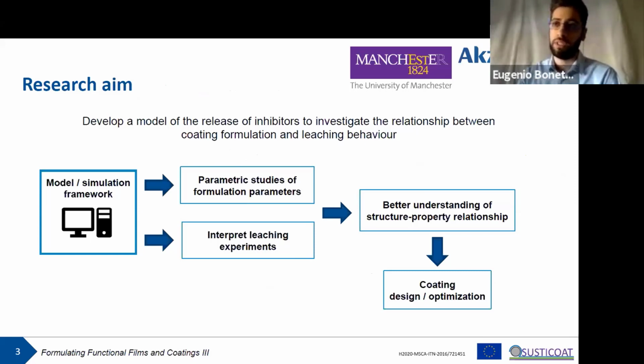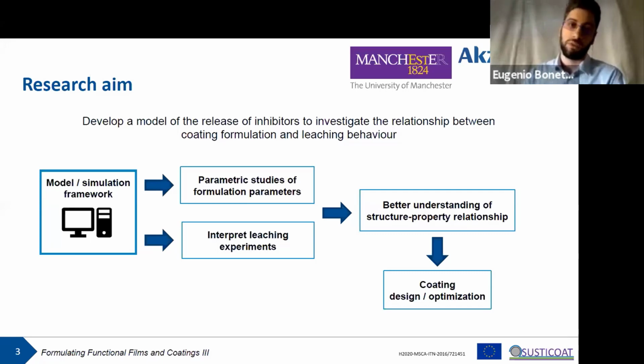The model can be used, for example, to perform parametric studies of the parameters of a formulation, to predict the effect of the formulation on the coating properties. But the model can also be used in combination with experiments to, for example, test a hypothesis regarding the functioning of the coating, or as a reference for the interpretation of the experiments.